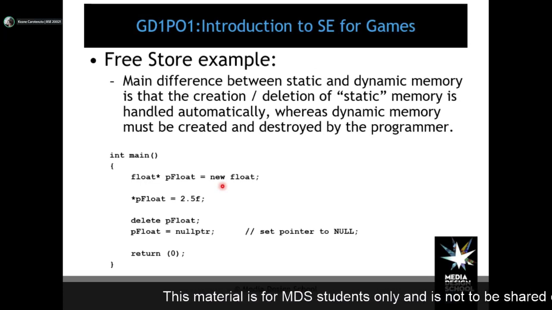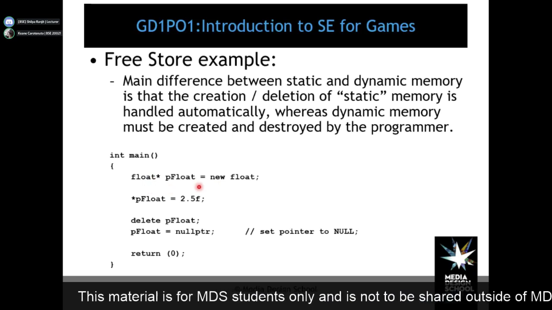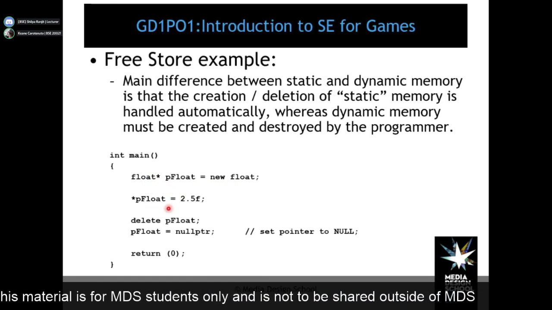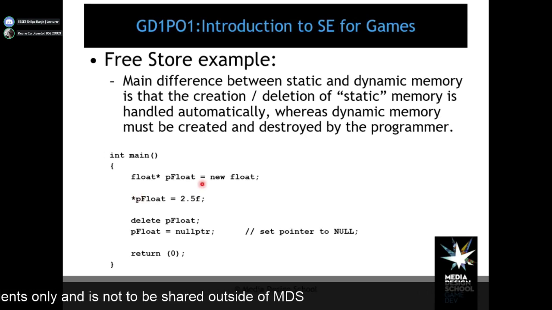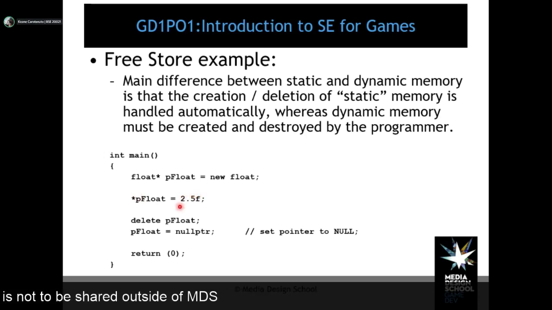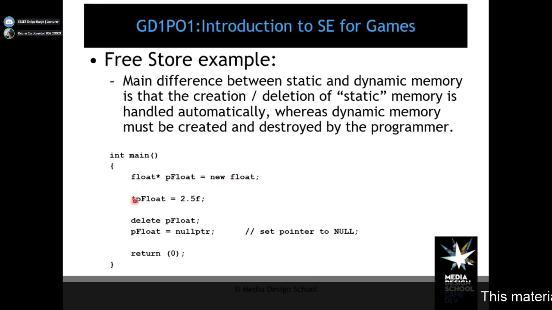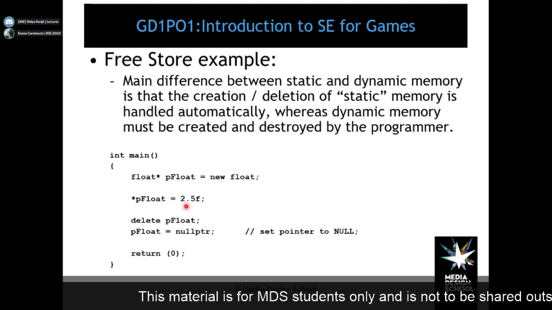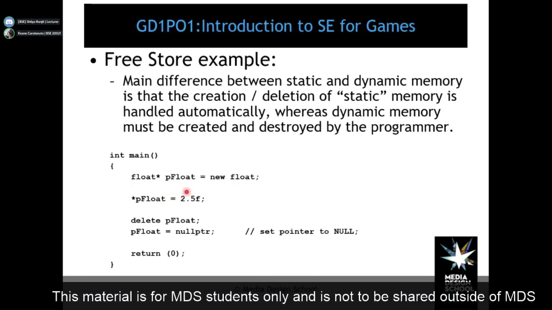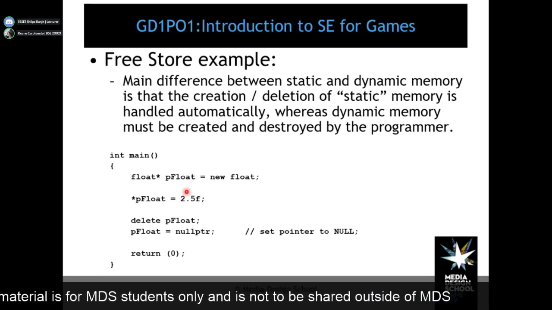All right. So in this example, you've got pFloat is equal to new float, and then as usual, if you want to assign some value to the memory allocation which is pointed to by the pointer, dereference that pointer using the asterisk symbol. So asterisk pFloat is equal to 2.5f. So it dereferences and assigns the value 2.5f into the address where it's pointed to.